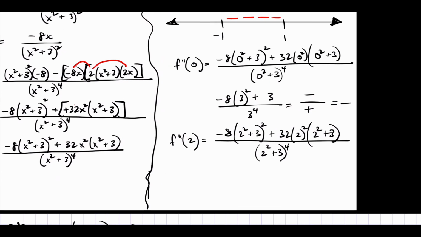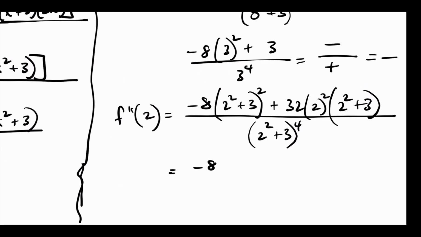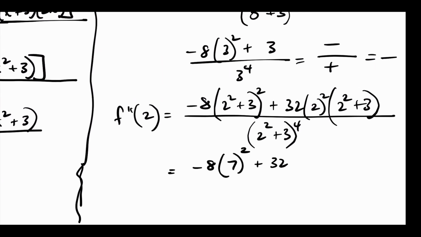That's all I care about. So we get -8 times 4 squared, 2 squared is 4, plus 3 is 7 squared, plus 32 times 4, 32 times 4 times 7, over 7 to the 4th.